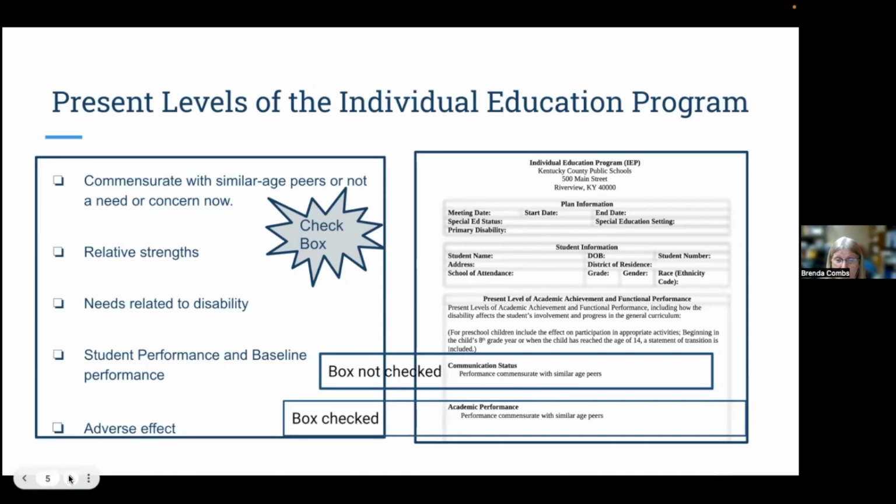So if there are functional needs, we need to also have goals for that as well, because those are the things that they really need to get through the grade levels, to understand. And a lot of times, like telling time, money, they need to know how to use money. They need to know how to pay for things. So we try to teach them things to do that.